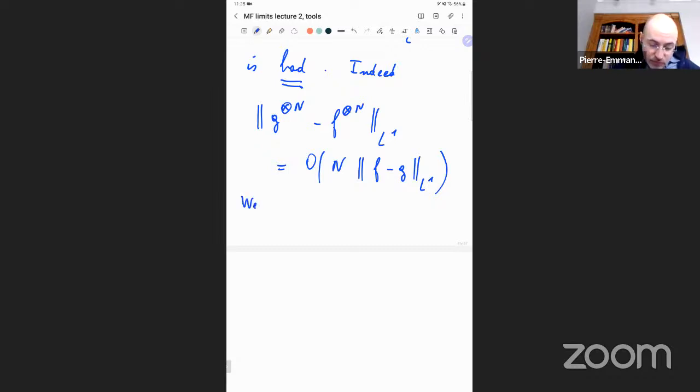So we could have that F minus G is very small, but Gn minus Fn is of order 1.